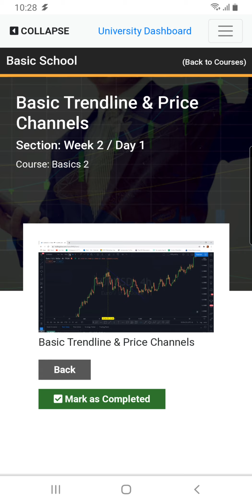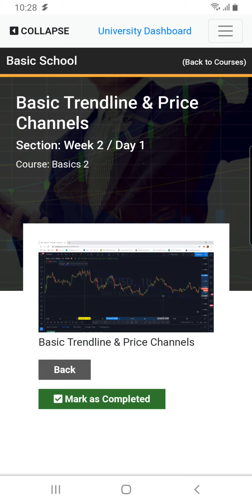Now, if we drop down to, for example, the 1 hour, right, we can actually draw what is called an inner trend line. So this would be considered an outer trend line, and this will be considered an inner trend line.